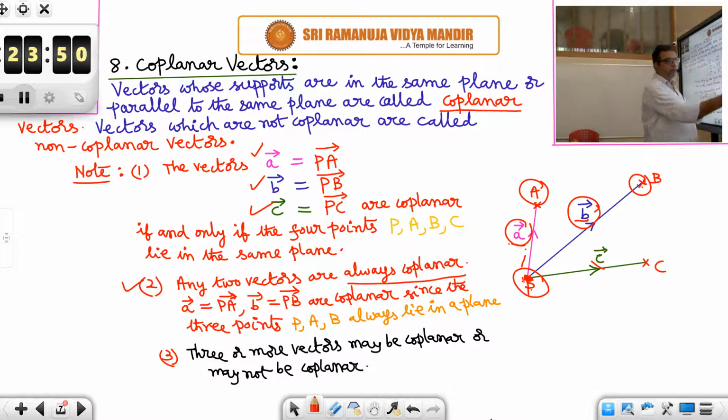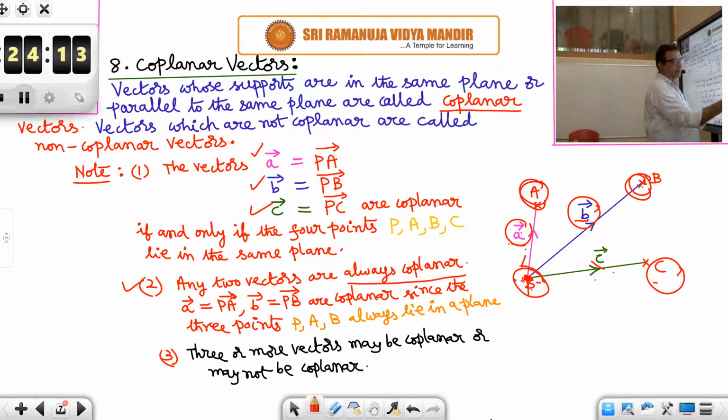But if you take another vector C bar, that may lie in the same plane or may not lie in the same plane, it may go out of the plane. So for three vectors A bar, B bar, C bar to be coplanar, the condition is that the points P, A, B and C also, because for the vector C bar, P is the initial point, C is the terminal point.